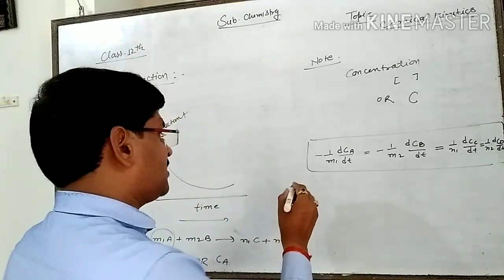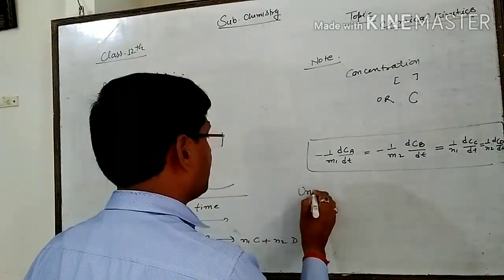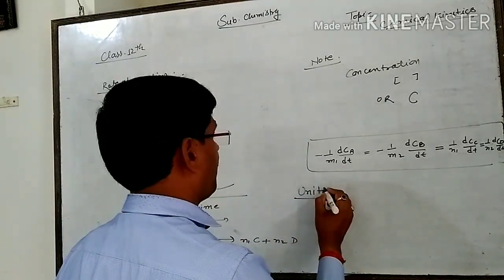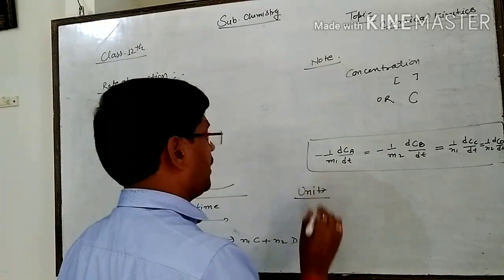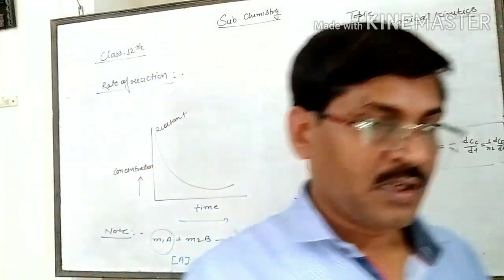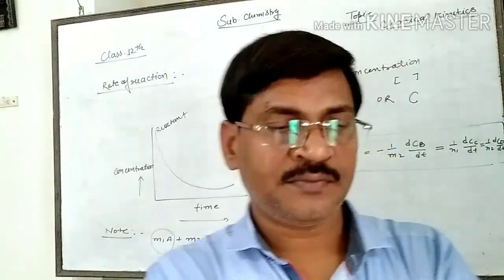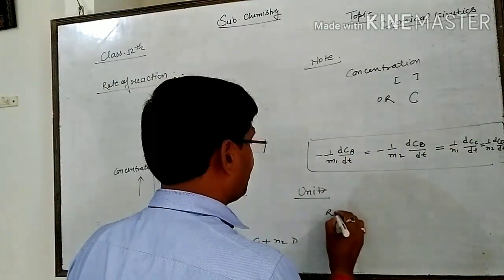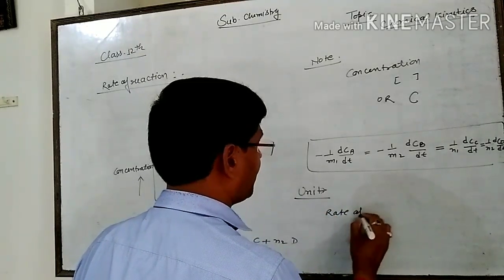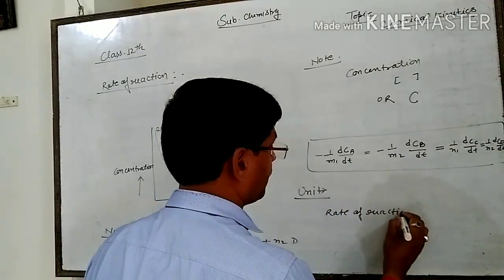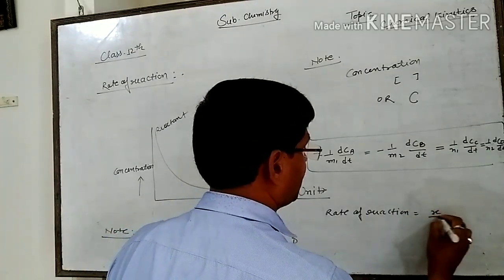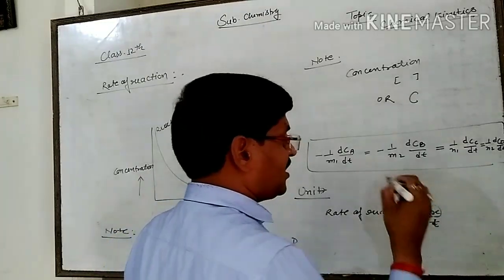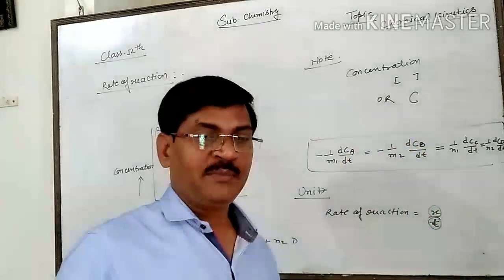After that, I have to discuss with you about the unit. What is the unit of rate of reaction? As you know, the formula for rate of reaction is already given: rate of reaction is x upon t. x is the change in concentration, t is the time taken.